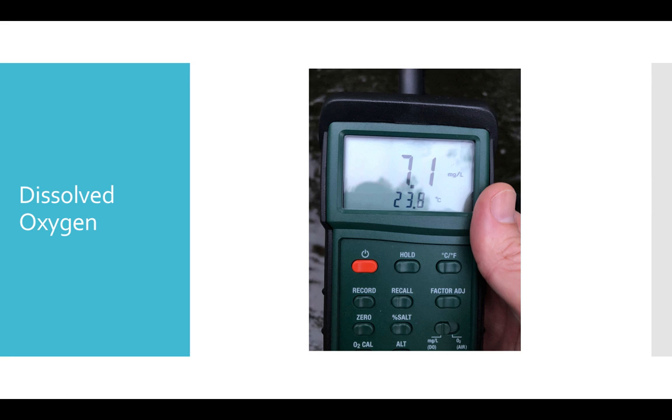Could also be parts per million, but we did not do that. A 7.1 is right about where we need it. We would probably even like it to be a little more, but this is what we get.